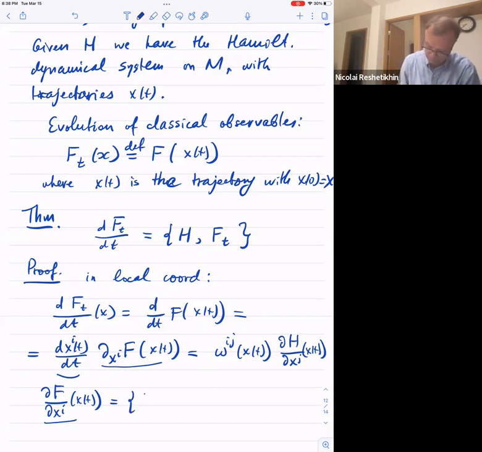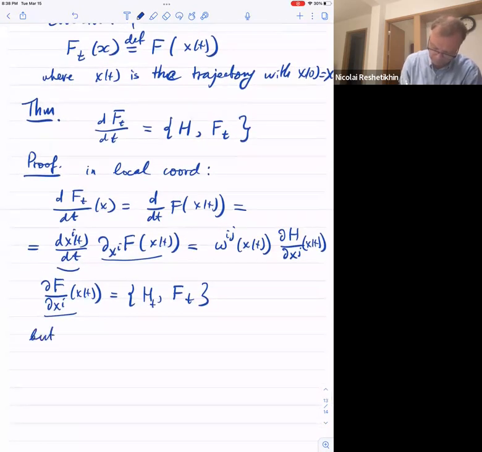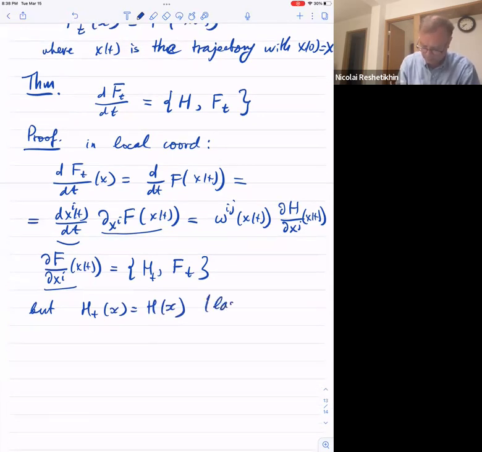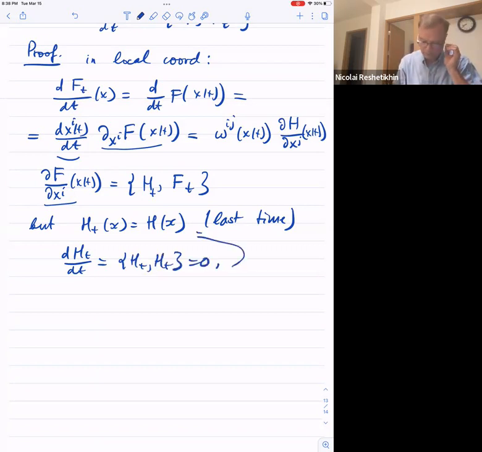So it's equal to the bracket of H and f_t, but H_t(x) is equal to H(x). We already discussed this last time. Using the same logic, you will get dH_t/dt, which is 0. That implies that H is constant, and so this proves the theorem.